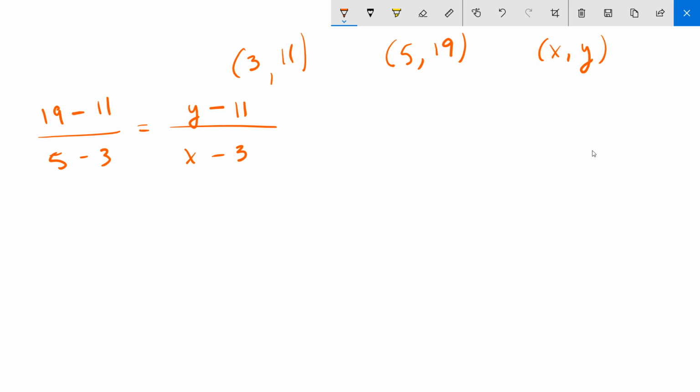It just needs to be simplified and isolate the y. 19 minus 11 is 8 over 2, right? What's half of 8? 4. Yeah. So that simplifies to 4. That's the slope.